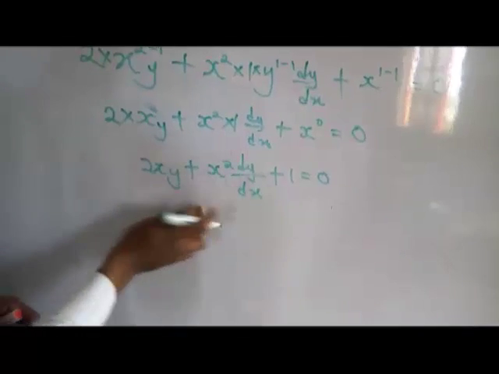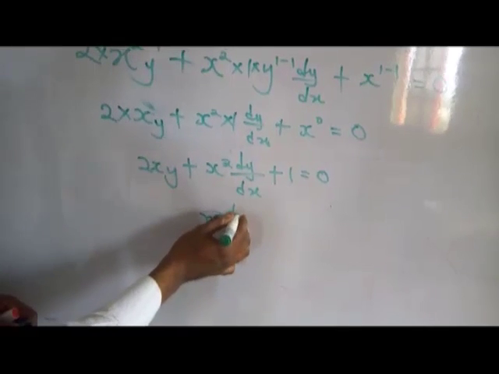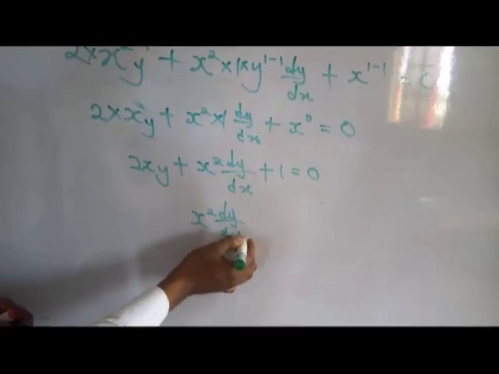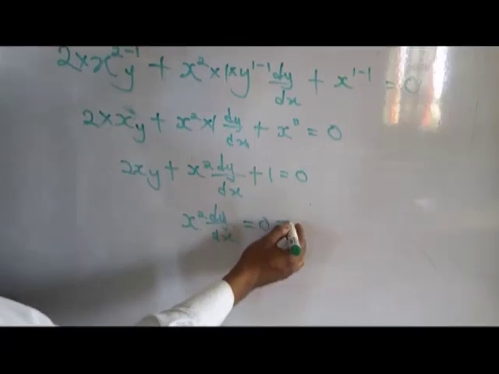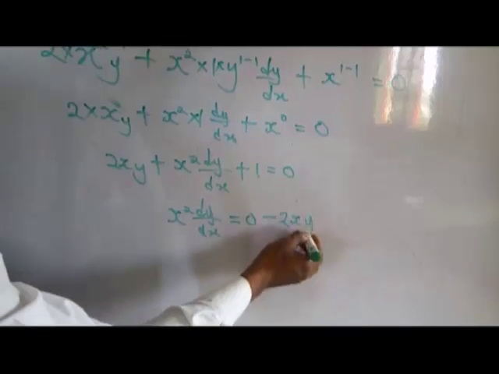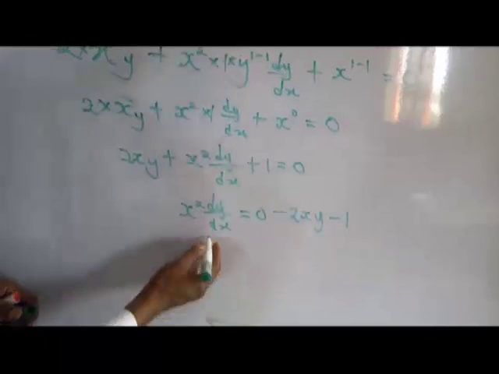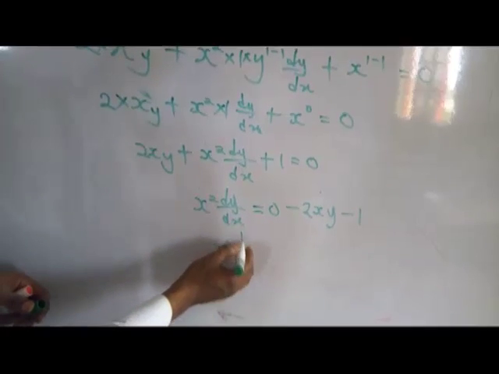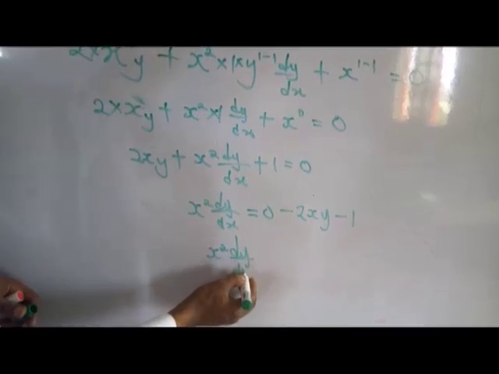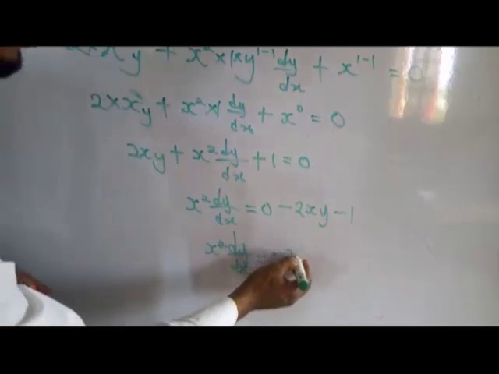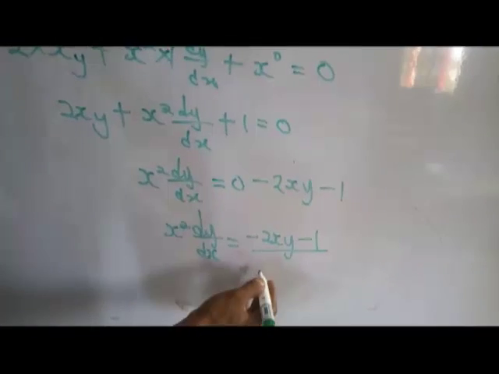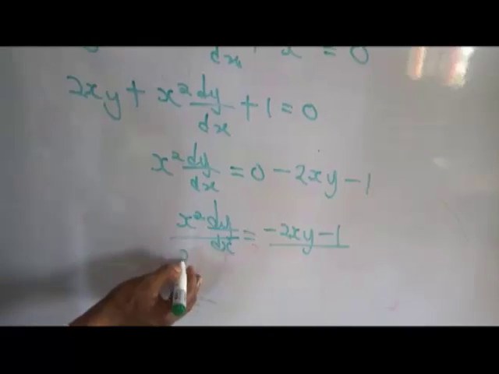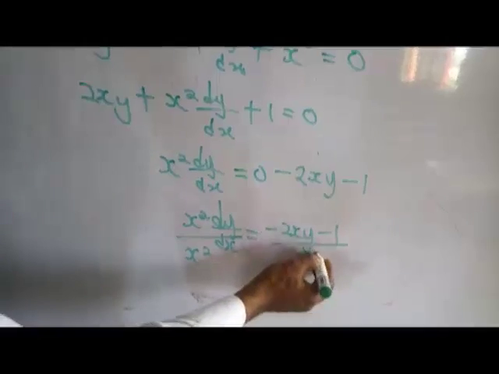Now I want to make this one the subject. That will be x squared dy/dx is going to give me 0 minus 2xy minus 1. So I'm going to be having x squared dy/dx equals minus 2xy minus 1, over x squared, over x squared.